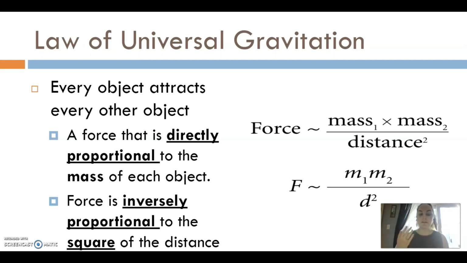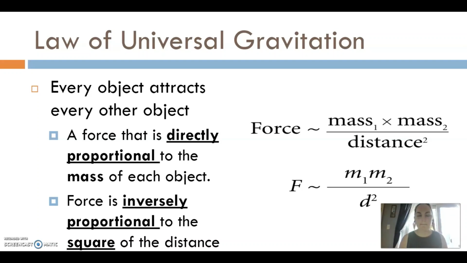Okay, but the force is also inversely proportional to the square of the distance. So not just the distance between those objects, but the square of that distance. So again, it's going to really affect this force. The further that these objects are away from each other, the less force that one object has on the other.